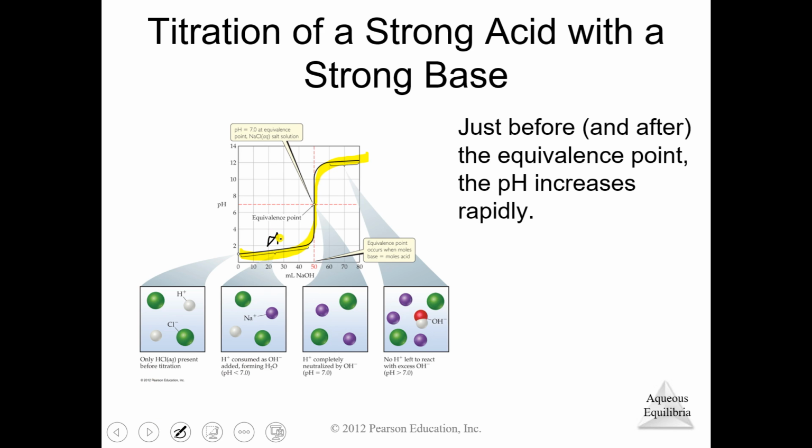Sorry about that arrow. So the pH is increasing. We meet our equivalence point where the moles are equal, and then we get this huge upshoot of pH because all of the hydroxide ions in solution are at a larger amount.